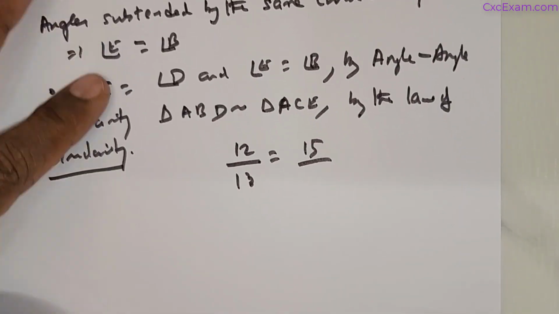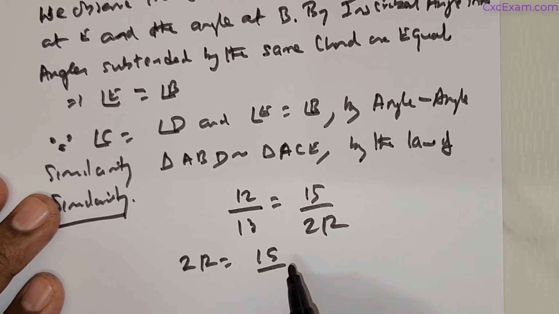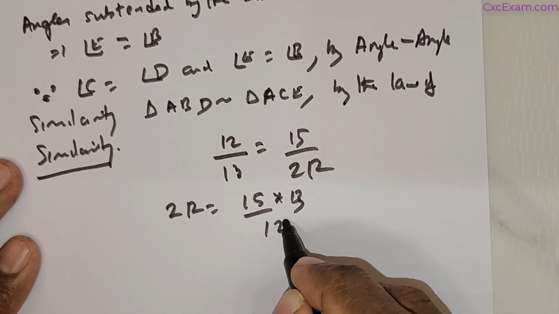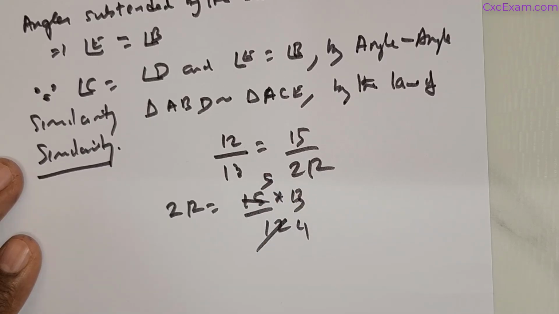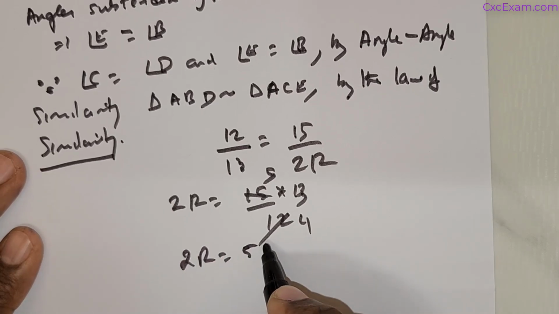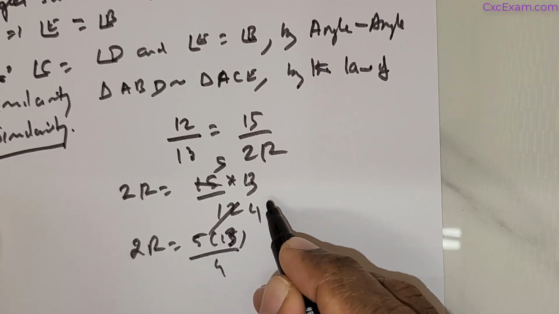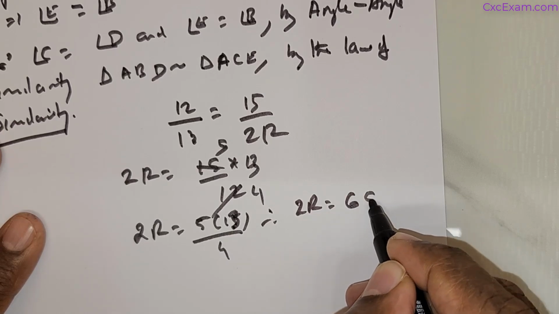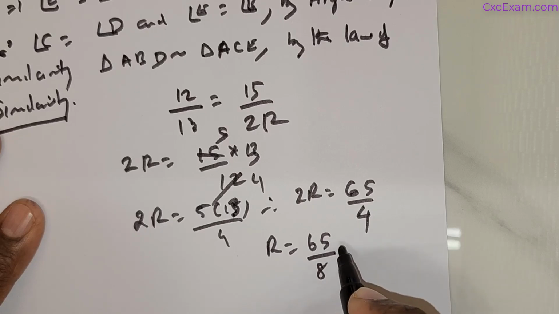This is going to be 2r, right? 2 times r is equal to 15 multiplied with 13 divided by 12. 3 divides here 4 times, 3 divides here 5 times. So 2r is equal to 5 into 13 divided by 4. Therefore 2r is equal to 65 divided by 4. So r is equal to 65 over 8 units.